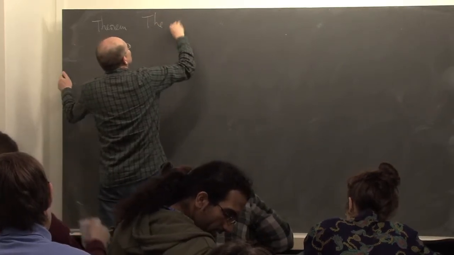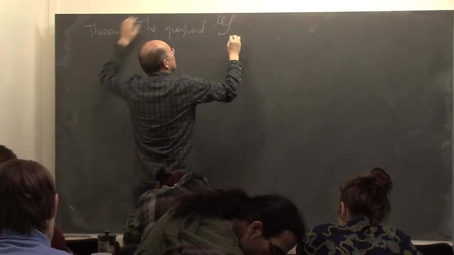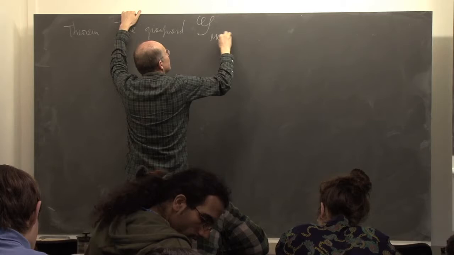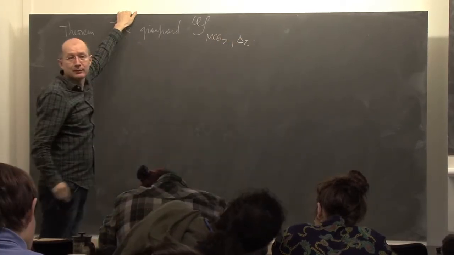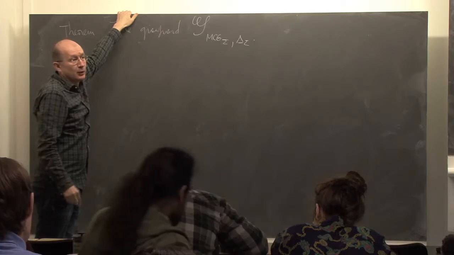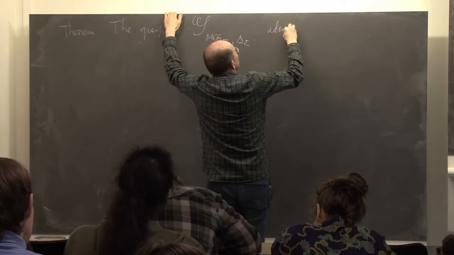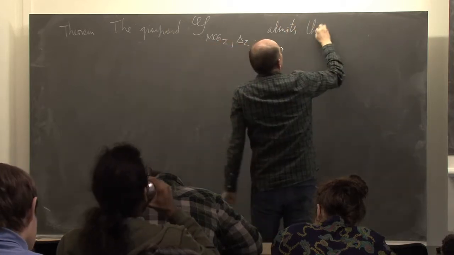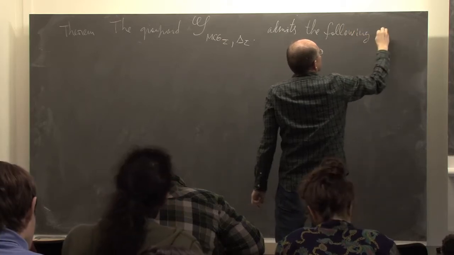So the groupoid G of MCG of sigma, comma, delta sigma. So we have this groupoid now defined along this line. Admits the following presentation.